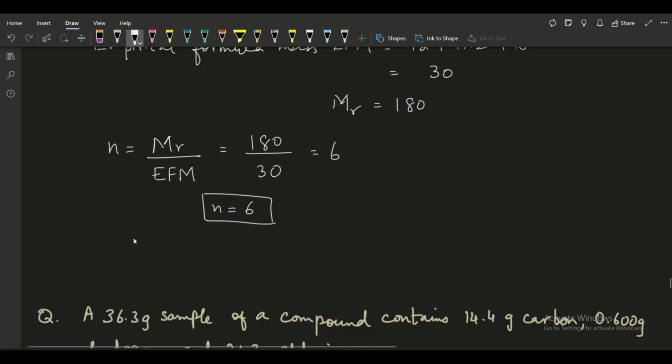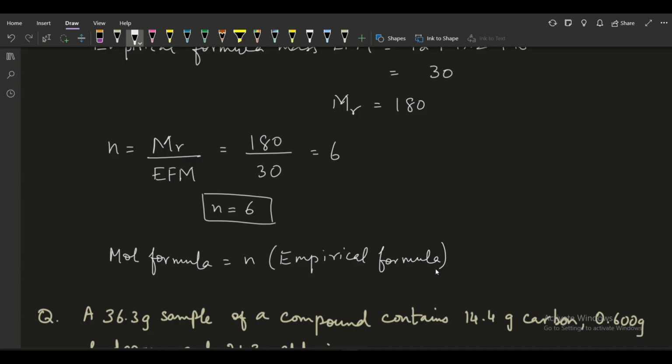Now we have to find out the molecular formula. The molecular formula is equal to n multiplied by empirical formula. The value of n is, we have just calculated it, 3.